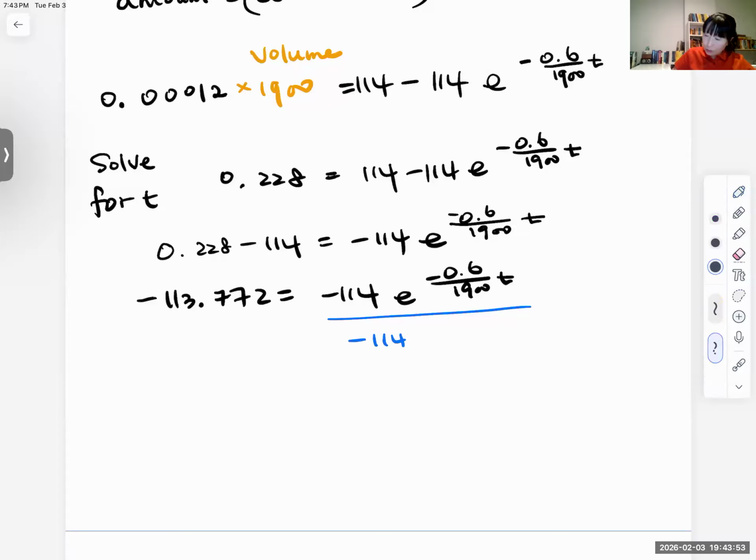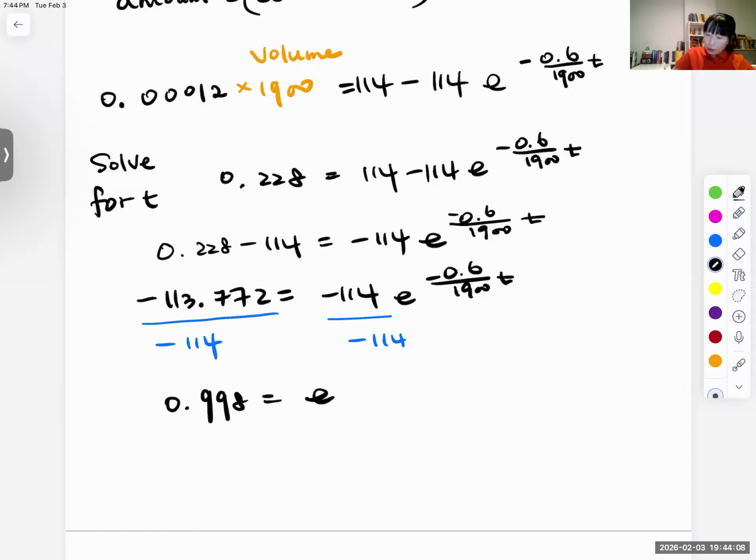We don't have to do it this way, right? So divide by negative 114. So we have 0.998 equal to e to the negative 0.6 over 1900t, right?